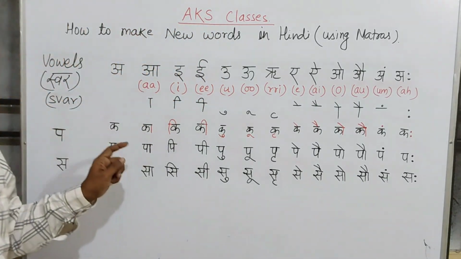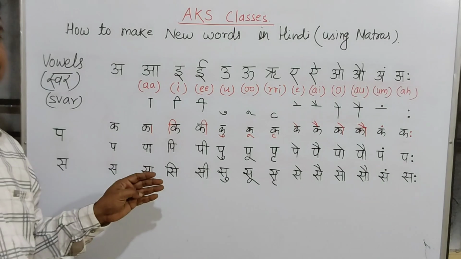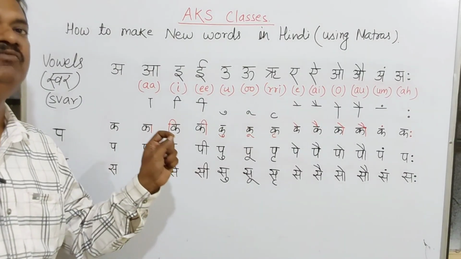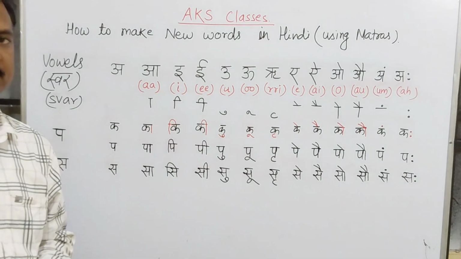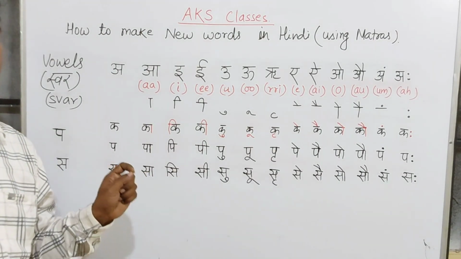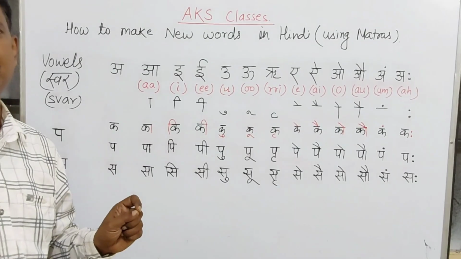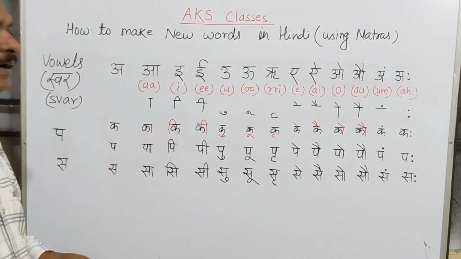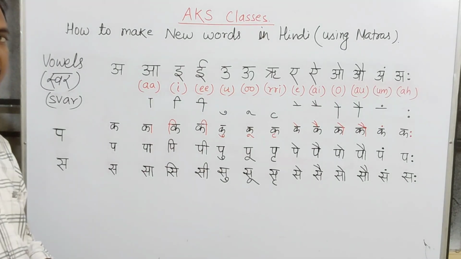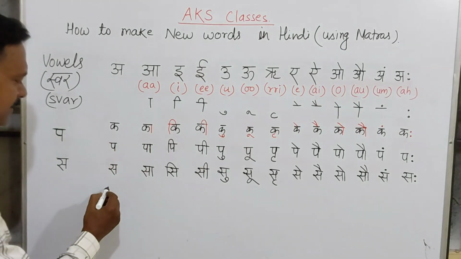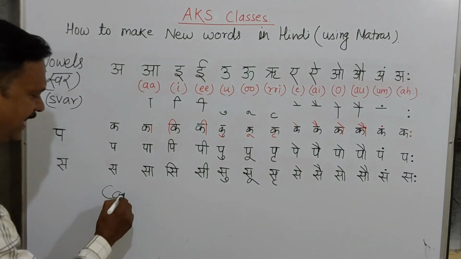So in this way, you can easily understand how the sounds are different when different types of matras or symbols are used with these consonants. For practice, I am giving you two words. I am writing cap. You know what a cap is?